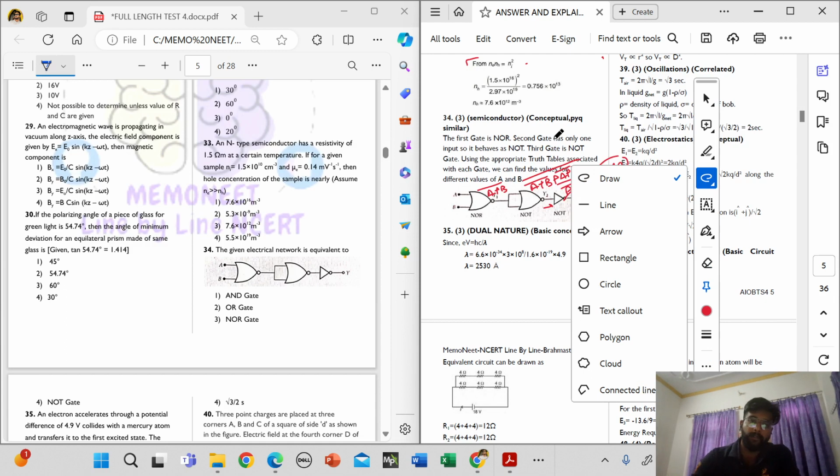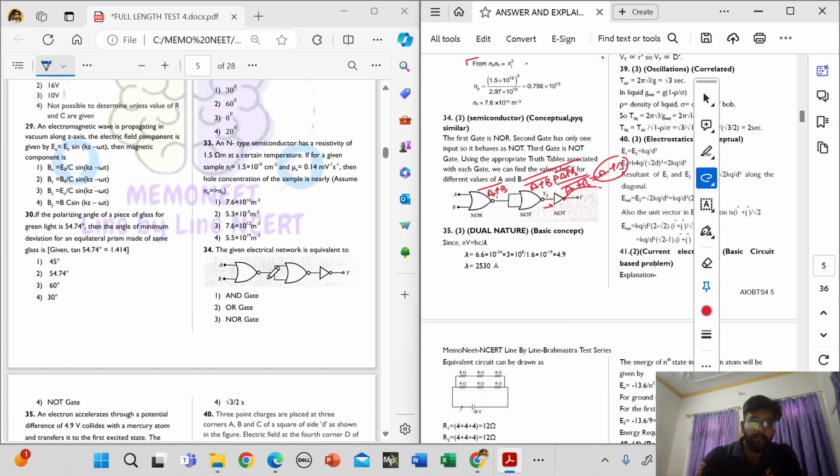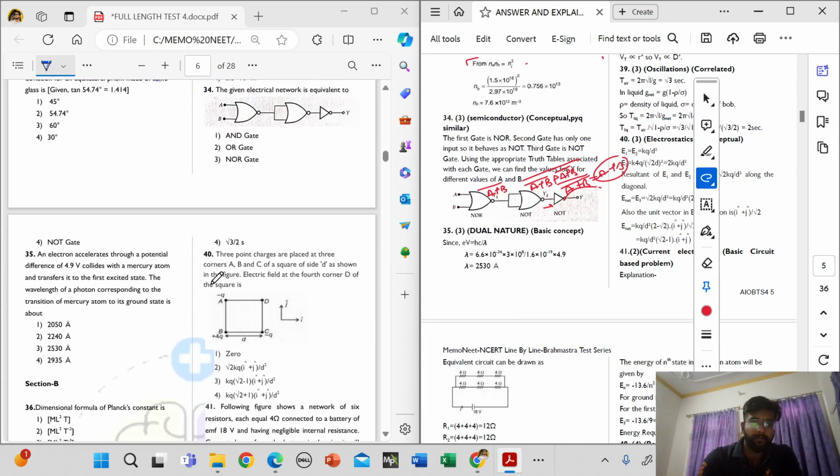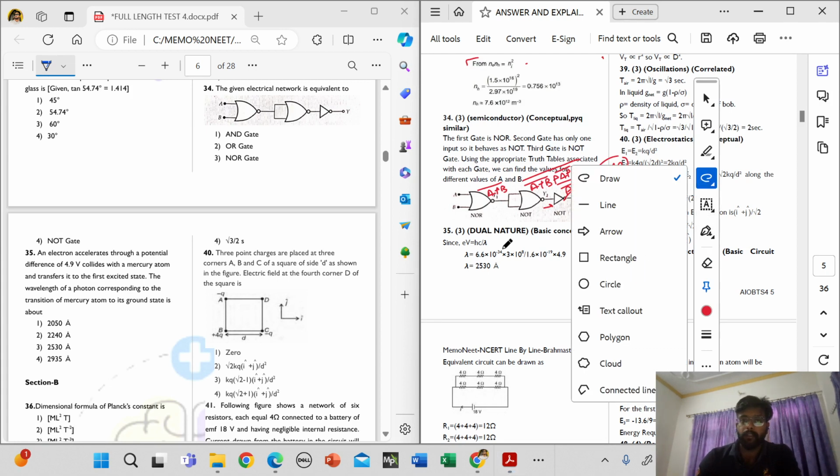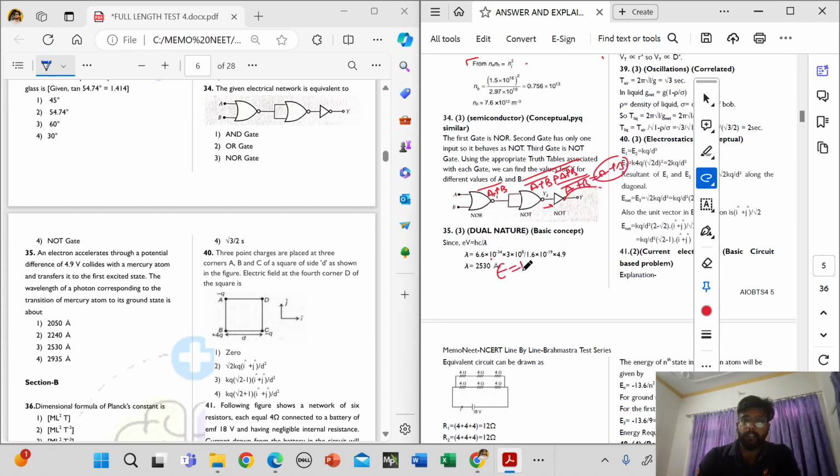Simple question, very. Next is 35. An electron accelerated through a potential difference of 4.9 volts collides with a mercury atom and transfers it to the first excitation. Find the wavelength of the photon corresponding to transition from the ground state. This energy is E equals h nu. For the applied potential, eV equals h nu, which is hc upon lambda.